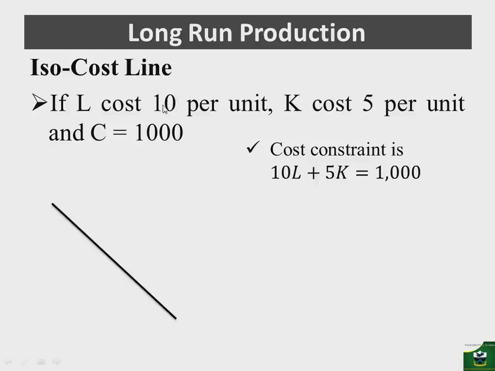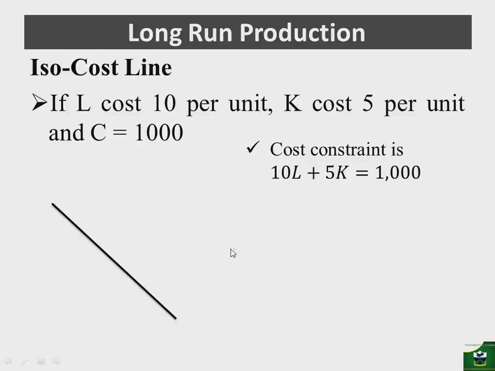So this is the W and this is the R. In our equation, if you remember, it was WL plus RK equal to C. So this is the W, this is the R, and this is the C.